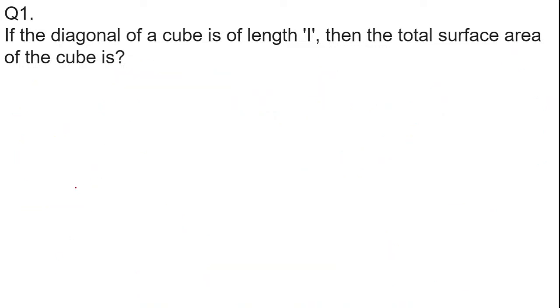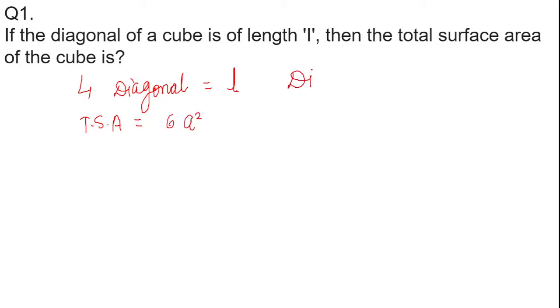So what is given? The diagonal of the cube is given with length L, and we have to find the total surface area of the cube. We know the formula for the total surface area is 6a square.